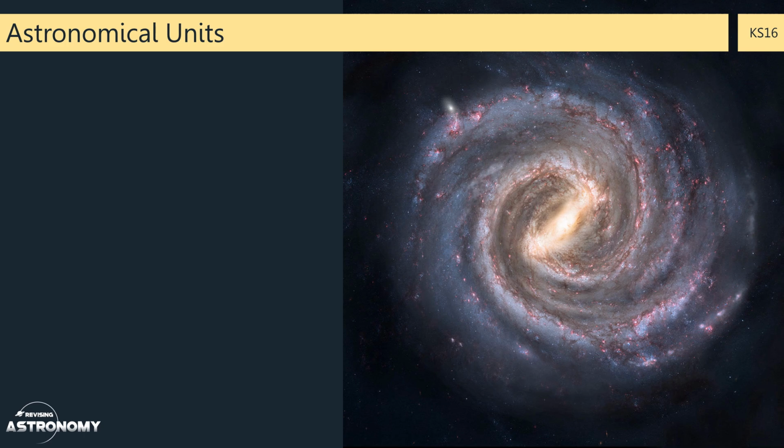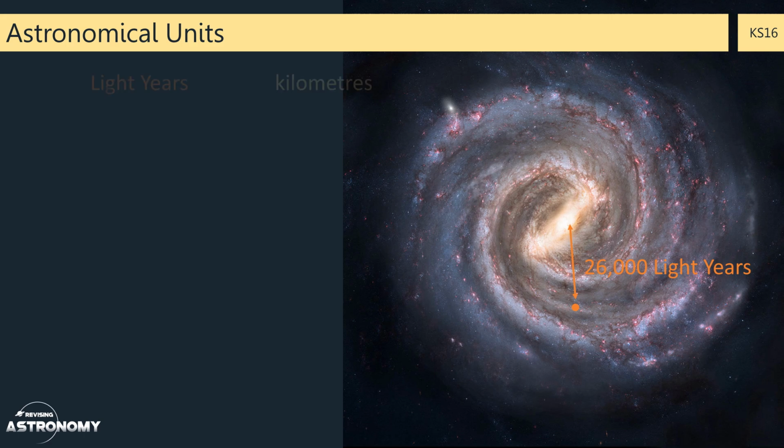When we venture out of the solar system, we start to use other measures of distance in space, such as the light year. The light year is the distance that light travels in a year, and it's huge. We are located around about 26,000 light years from the centre of our galaxy, and we can convert this into astronomical units.